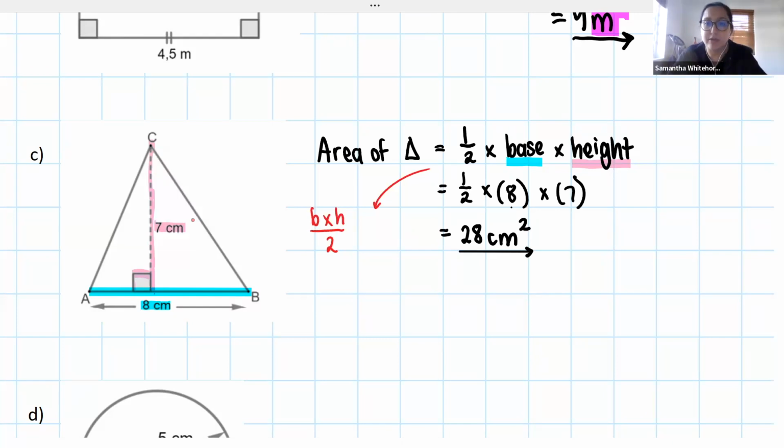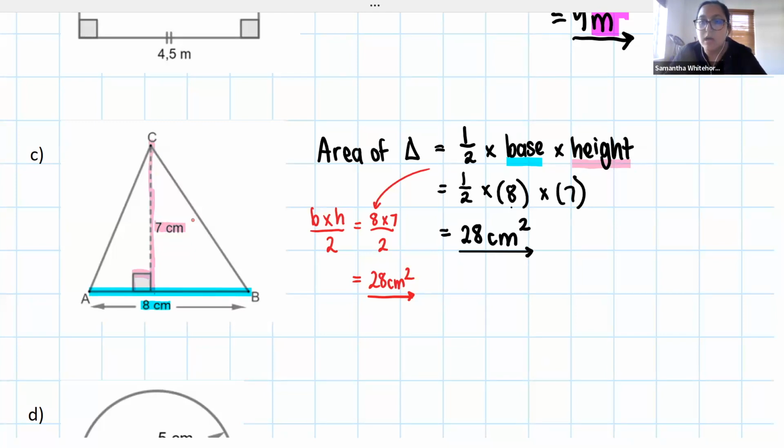That is absolutely fine as well, because what you would get is 8 times 7, which is 56, divided by 2, which is 28 centimeters squared. So it really doesn't matter which form of the formula you use. You go with what you're comfortable with. If that is the form you were taught at school, absolutely go for it. If you prefer the half times base times height, that's also fine.